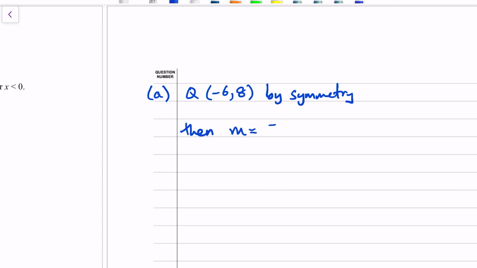Helps if I get the gradient around the right way. Negative 8 over 16, which simplifies to minus a half.